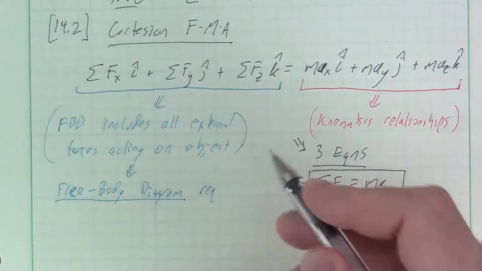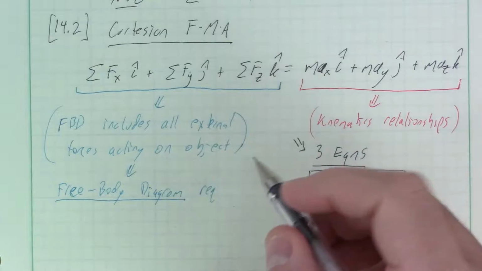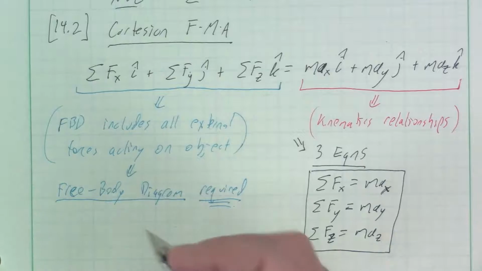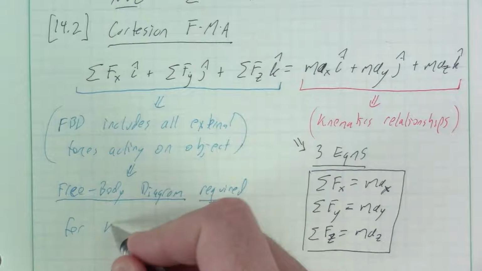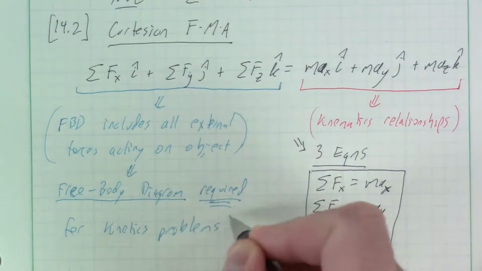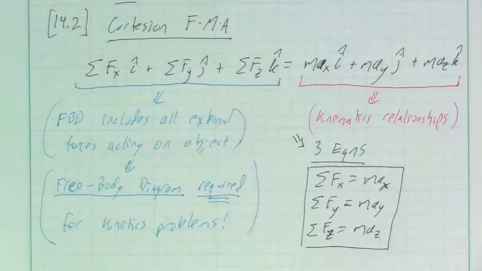Okay, so it's really focused on the forces, though. Sometimes you'll see this as a force body diagram. A free body diagram is going to be required for these kinetics problems. What I mean is, don't let yourself work through one of these problems without first drawing a free body diagram. And in fact, there might be many of them in one problem.